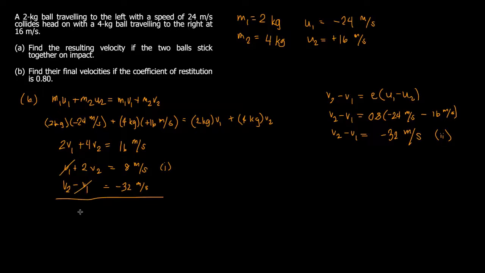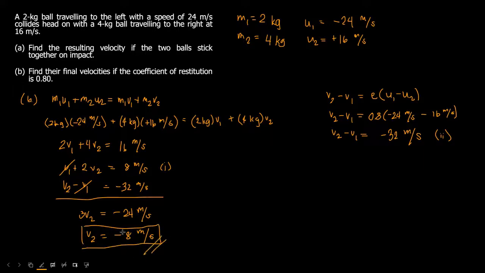Ngayon you have this 3 v sub 2 equals 8 minus 32. What is that? That is negative 24 meters per second, and therefore your v sub 2 is negative 8 meters per second. Dali lang yan, diba? Ayan.